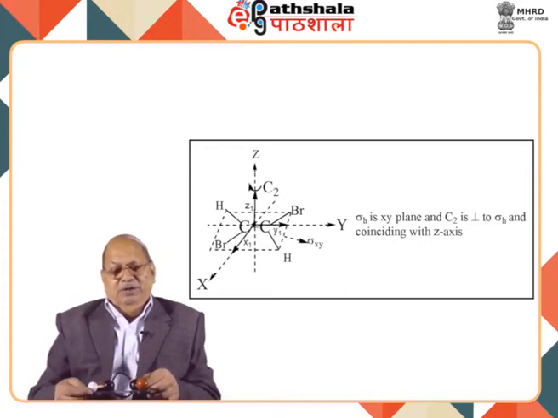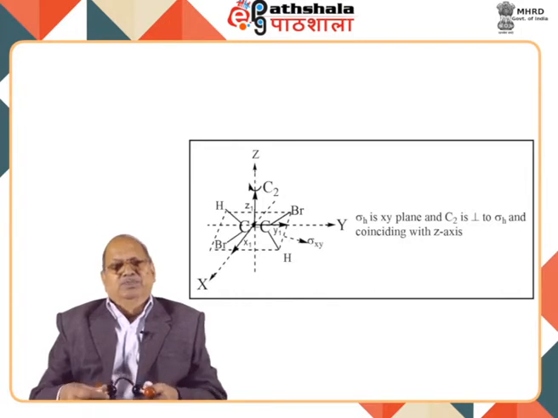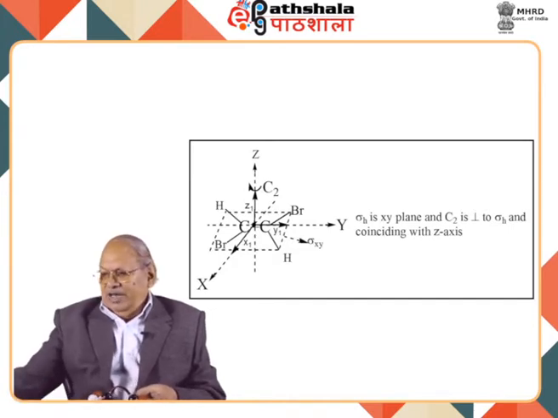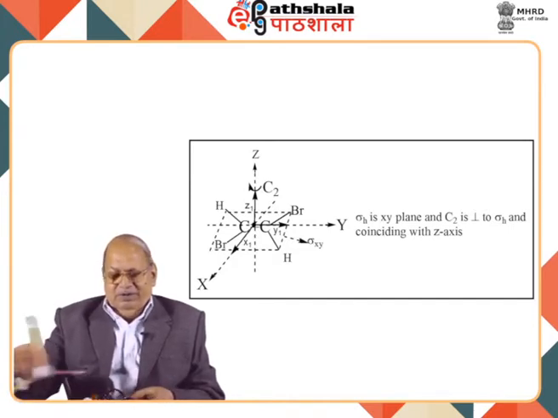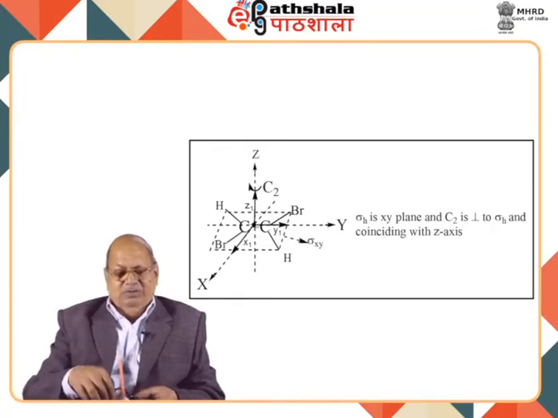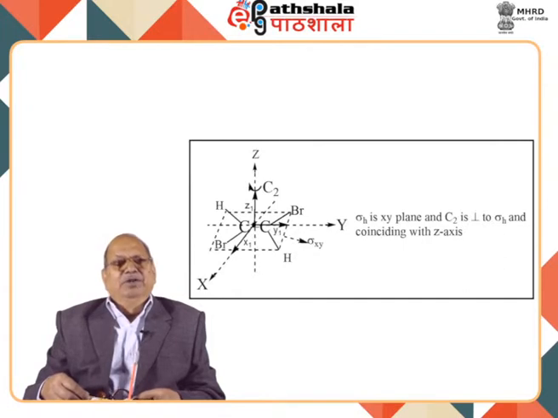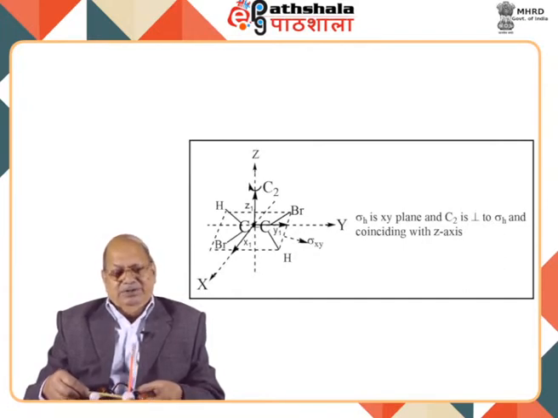This is the plane of the molecule, that is, all four atoms, two hydrogens and two bromines, lie in this plane. And now I will put the 3 vectors like this, at the midpoint of the CC double bond.